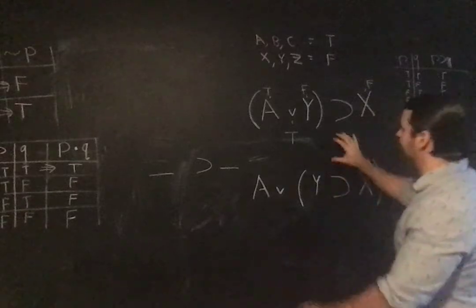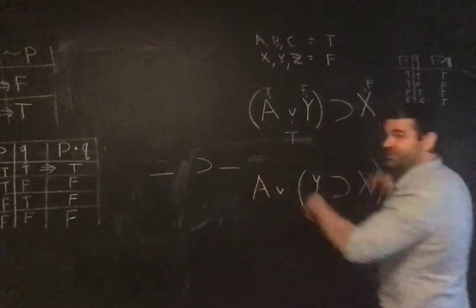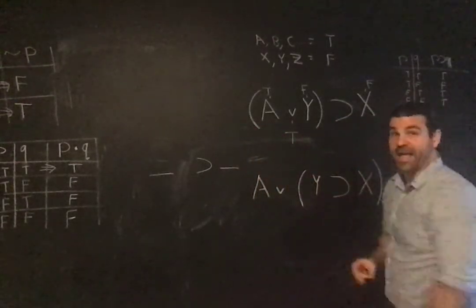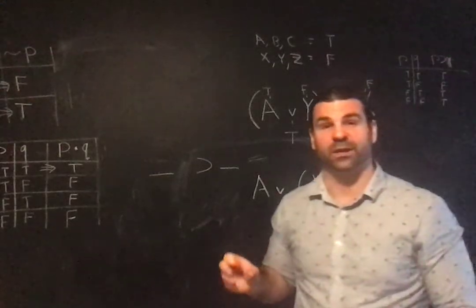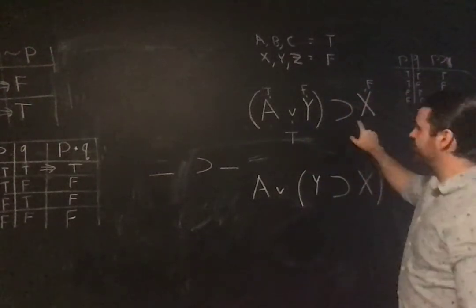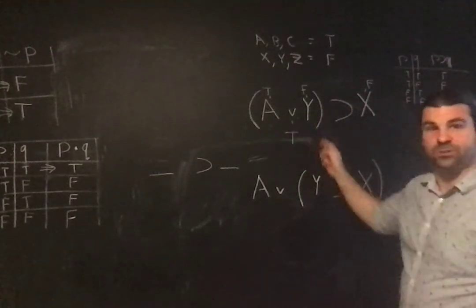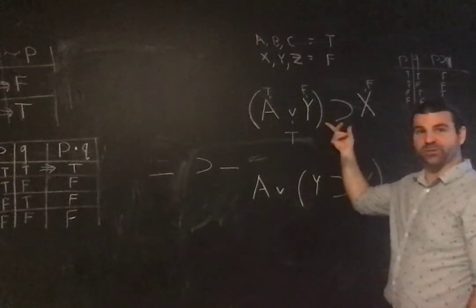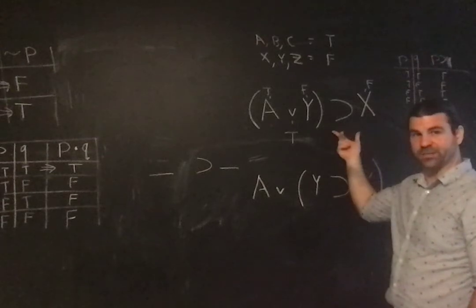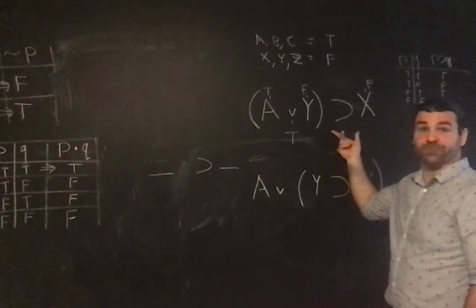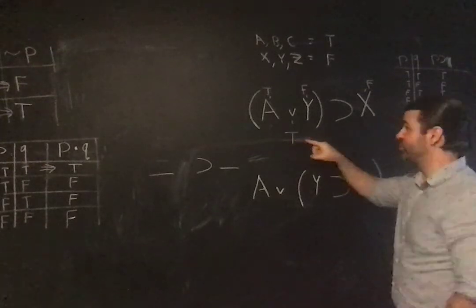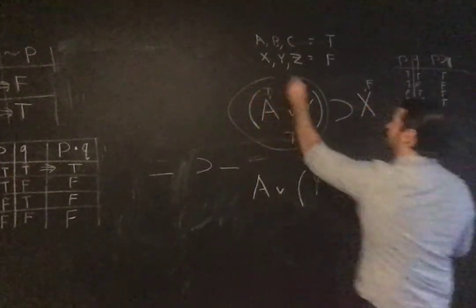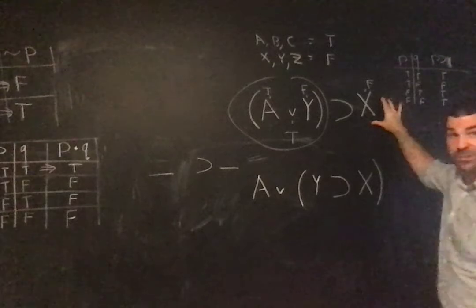So you need to be able to recognize this. This is going to be the second way. Recognize this as a conditional. Asked if this formula is true or false, you're asked whether this conditional is true or false, because the conditional is the major operator. So is it true or false? Well, it's false if the antecedent is true, that is, if this is true, and the consequent is false, which happens to be the case.